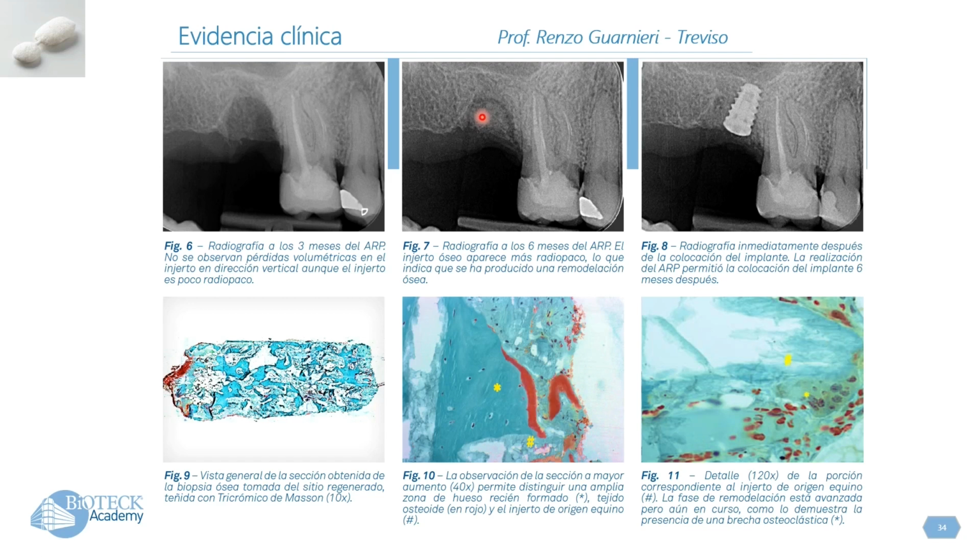We see that the aspect is completely the same as the basal bone, and so it was possible to place the implant.